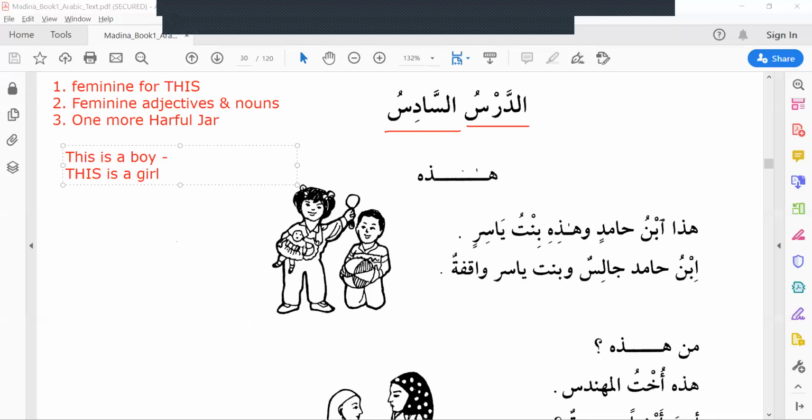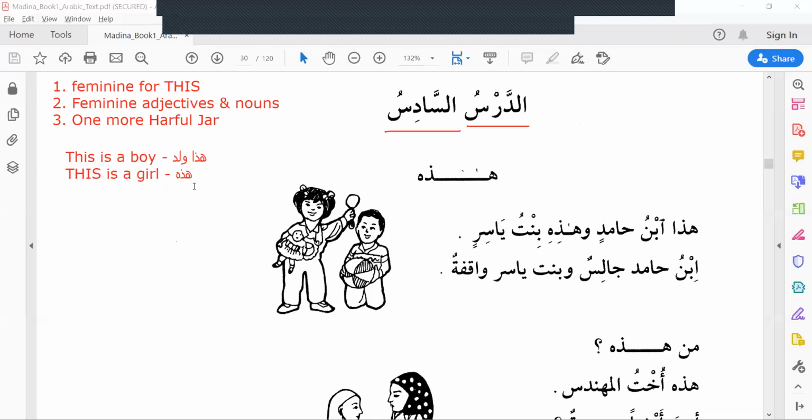For this is a boy, we will say hada. Hada waladun. For girl, we will use hadihi. This is what we are going to learn as one of the Arabic grammar.